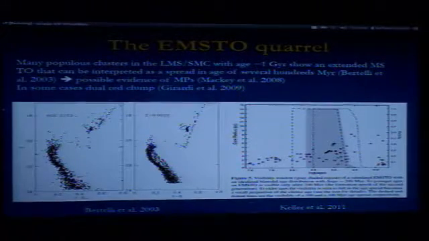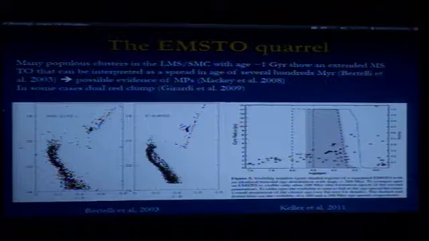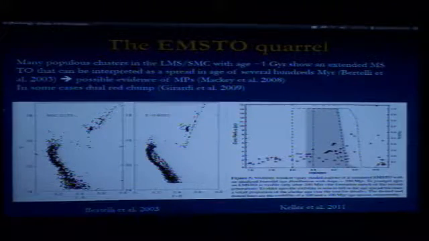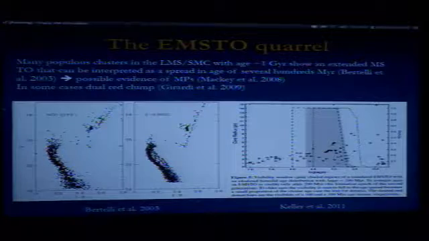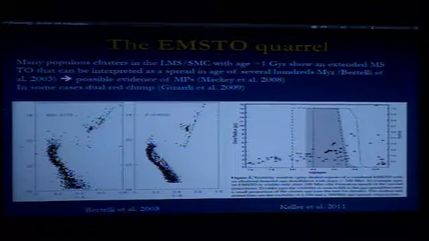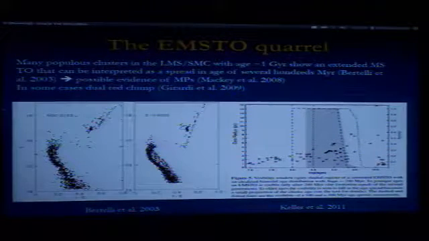There was something strange, because if you use age to explain the spread that you found here, the age spread should be very large, of the order of several hundred million years, which is a little bit difficult to accept. Even in the AGB scenario, where the difference in age between the first generation and the second generation is largest, the age difference is of the order of 30, 50 million years, not hundreds of million years.